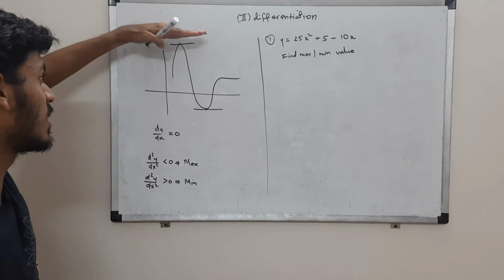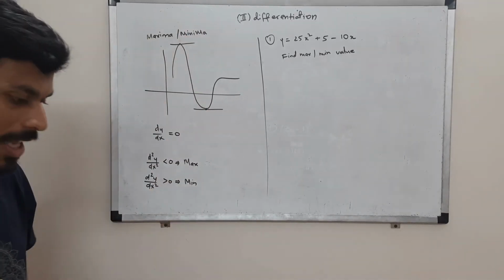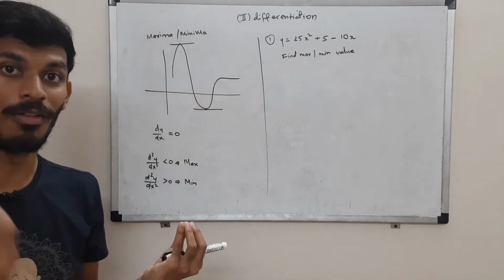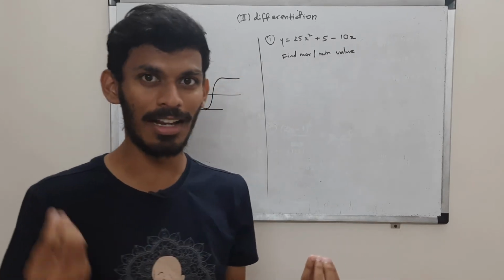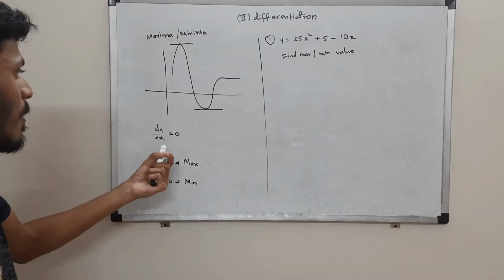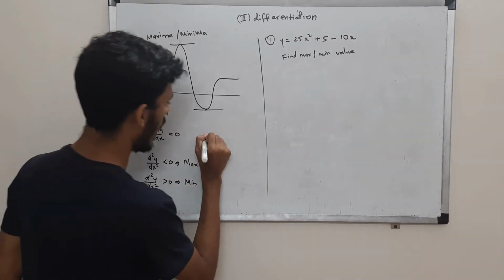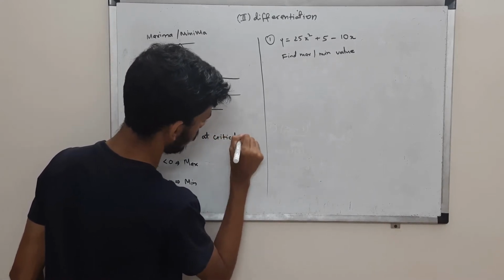These are tangents at the maximum point and the minimum point. The slope of the tangent to the curve is 0, which means the derivative at the maximum and the minimum point is 0. So dy by dx is 0 at critical points, at maxima or minima. These are called critical points.